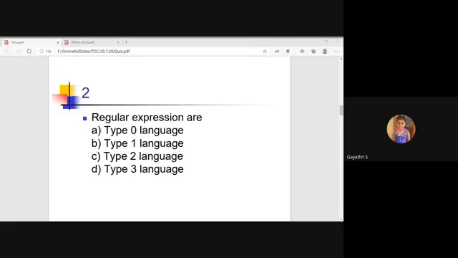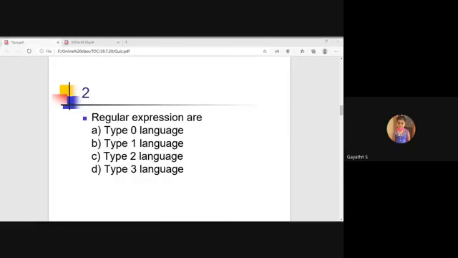In the last session, I already instructed you to follow the bottom-up approach. Which type? Anyone? No one. Bottom-up approach, I instructed in the last class.